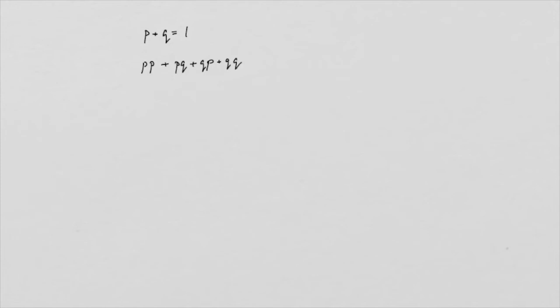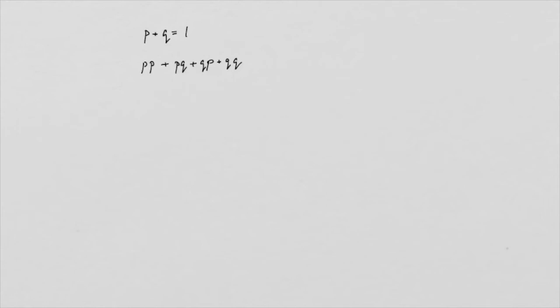Notice here that pp means p times p, and that means the probability of two heads. And we can just multiply them because they are independent events. The probability of getting a head the first time doesn't affect the probability of getting a head the second time. And this is, of course, one of the conditions for a distribution being a binomial one.